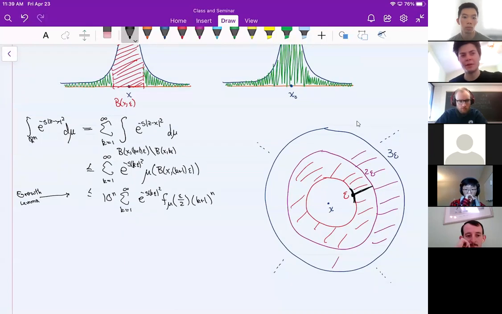This allows me to bound the integral on the left above.